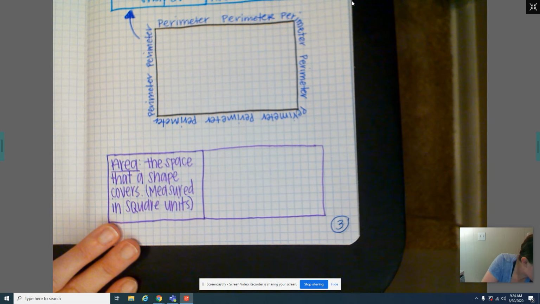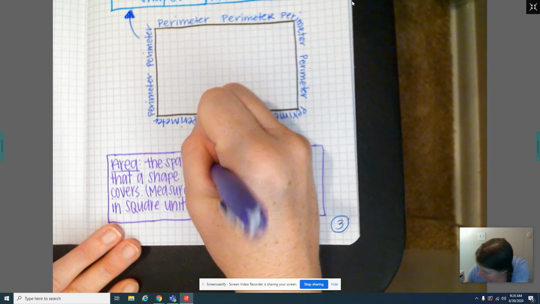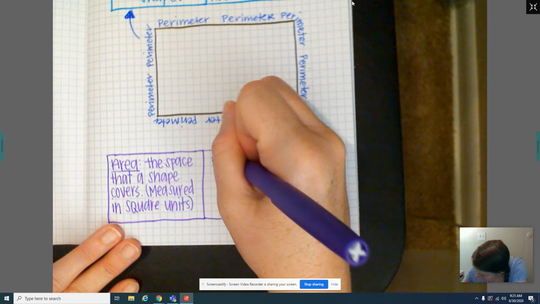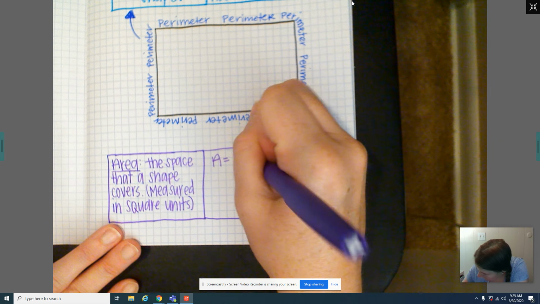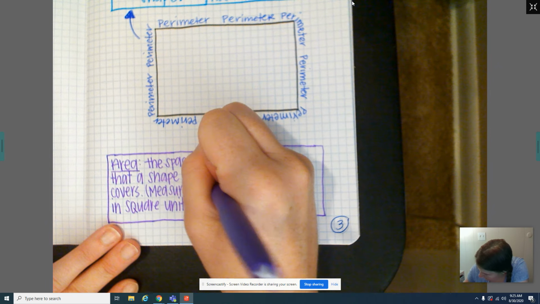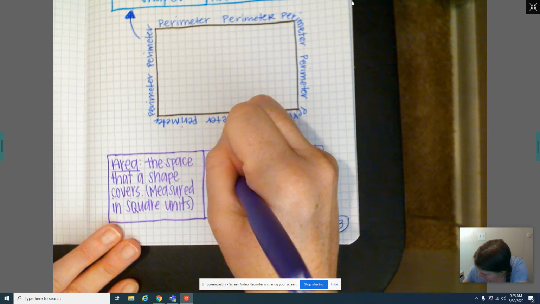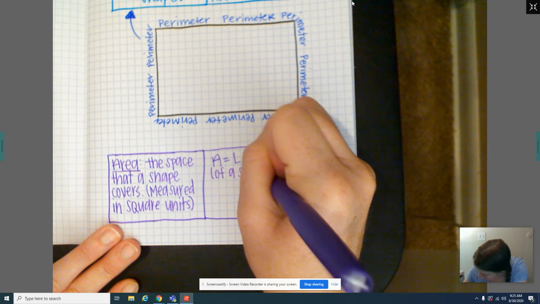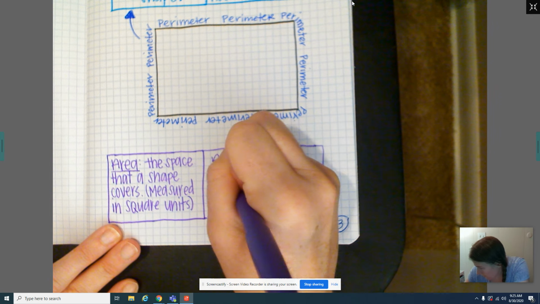Now, when we find that area, I bet you remember, area is going to be length times width. Now, that's of a square or a rectangle.